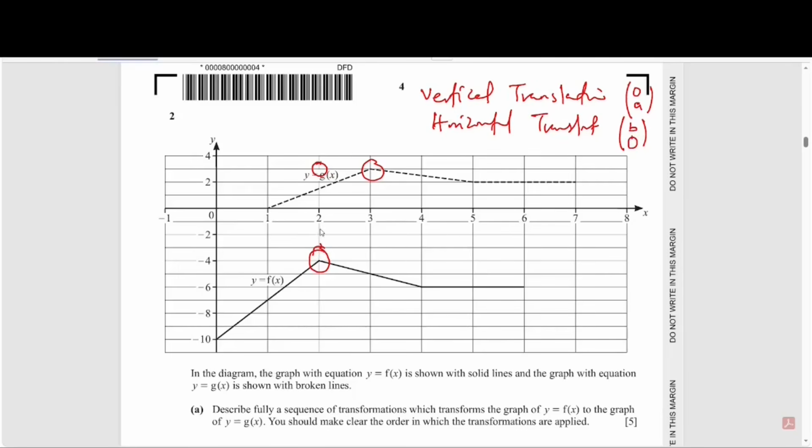Then we also look at, so that's for translation, how the curve has been shifted from one position to the other. Then we also look at the original curve, right? From, for instance, you can check from here, you see how this line is steep, but it's steeper than the translated one.